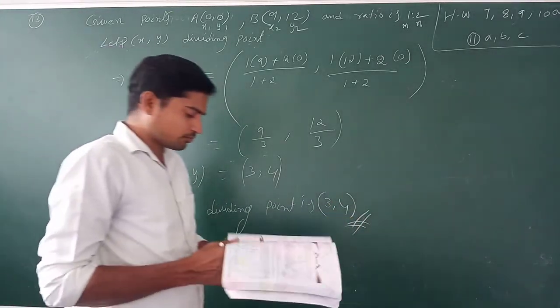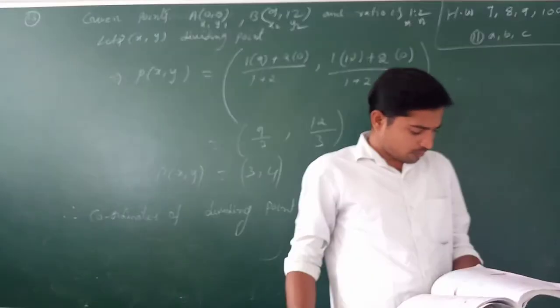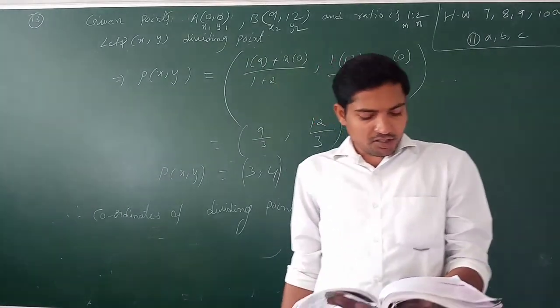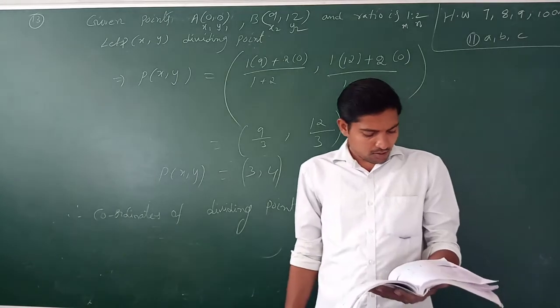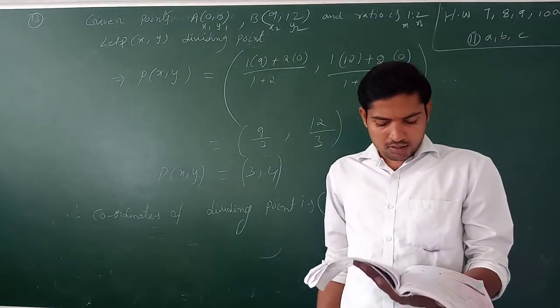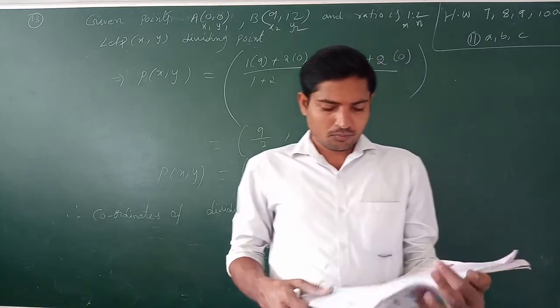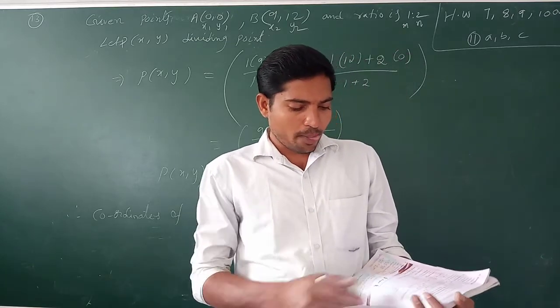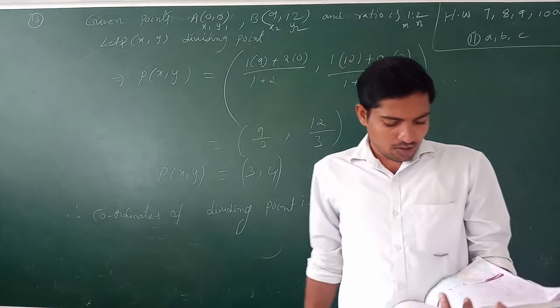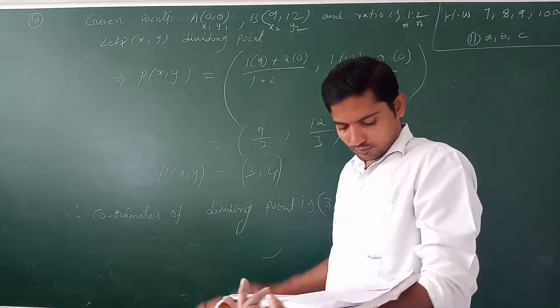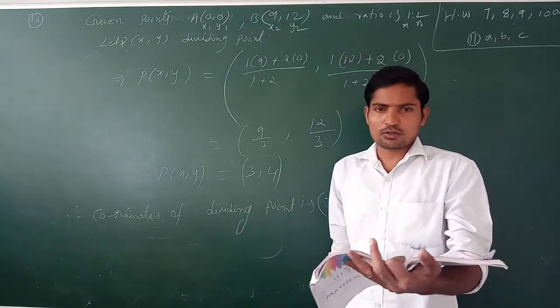Next one. The point which divides the line joining the points in the ratio A is to B. That also you can do it. Now next problem, 15th one. The 14th one you can do, no problem.